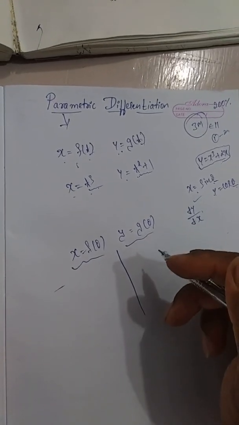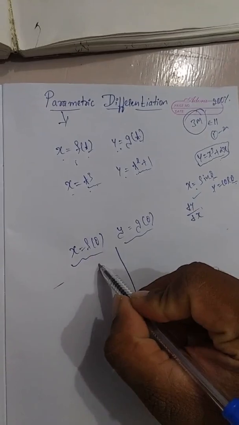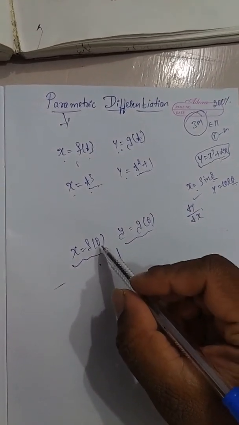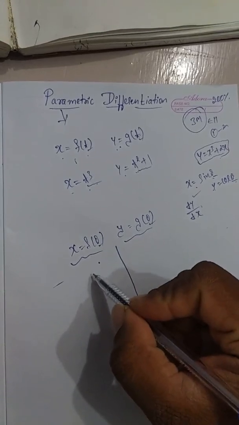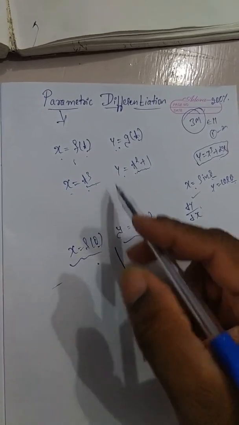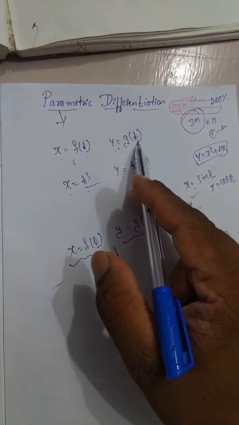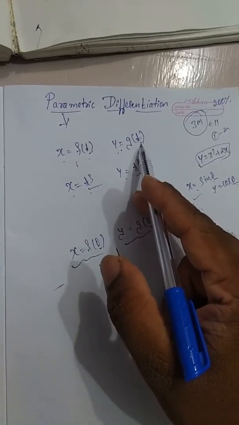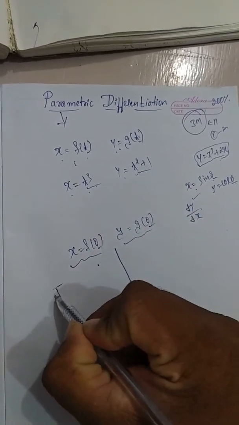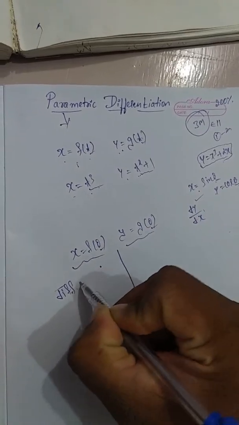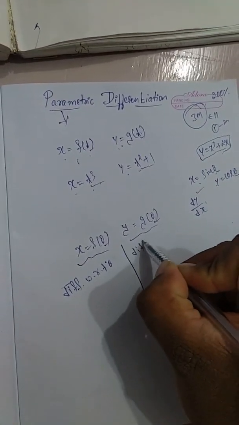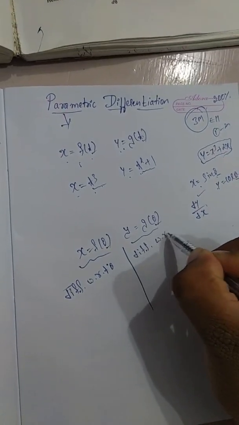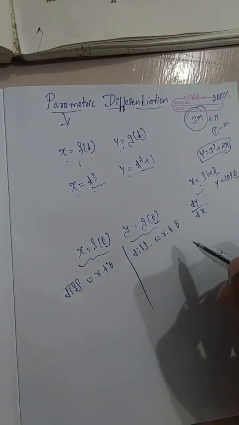Now you want to differentiate with respect to theta, because the function is given in the form of theta. If the function is given in the form of t, you differentiate with respect to t. Now I am differentiating with respect to theta, x and y separately.